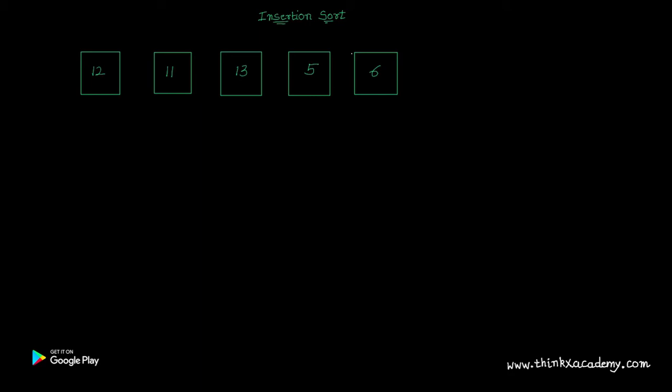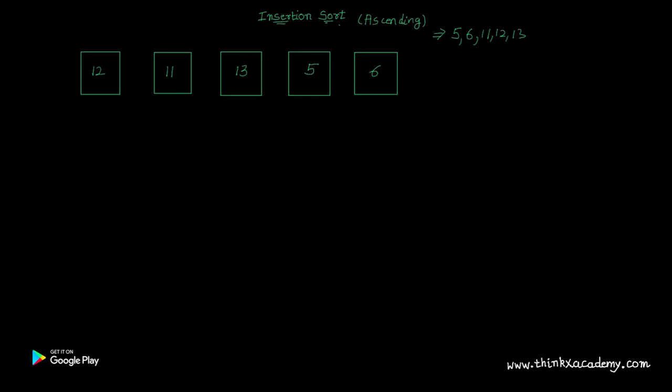Our task is to sort these cards in ascending order, and let's suppose that these cards are physical in nature, so you can actually pick up a particular card and place it at its proper position. The result of the sorting algorithm should be 5, then 6, then 11, 12 and 13.